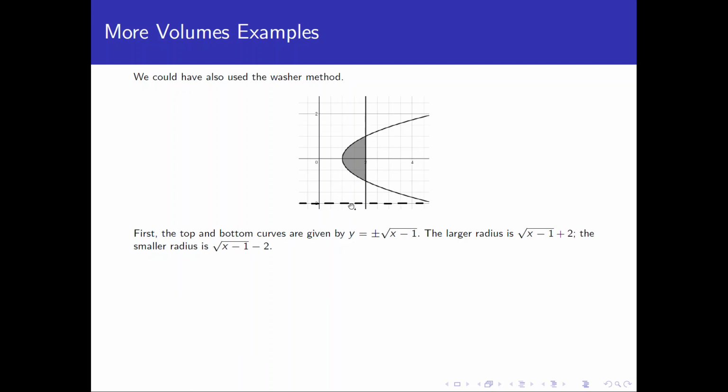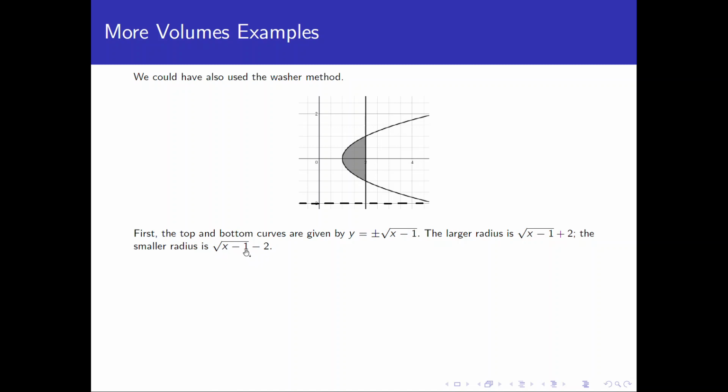All right, so remember that your radius for the washer has to be from axis of rotation to that farthest away bounding curve. So it would be square root of x minus 1 plus 2, because you'd be doing a minus and minus 2. Likewise, then you would have the negative of square root of x minus 1 plus 2.